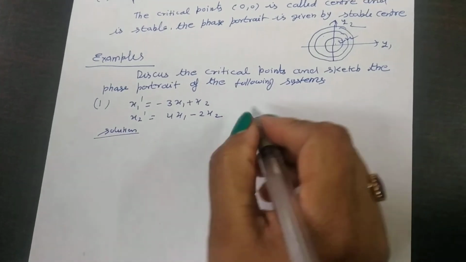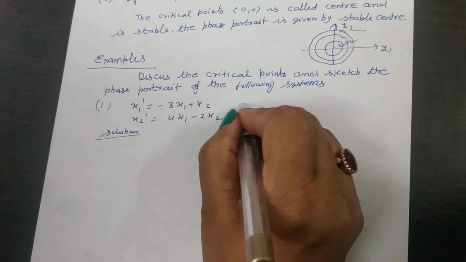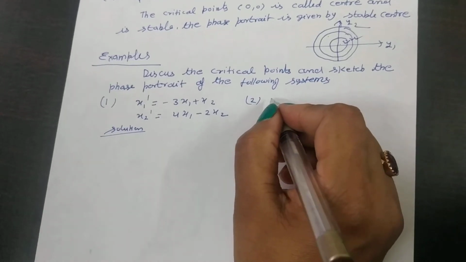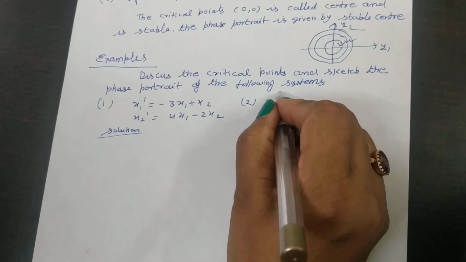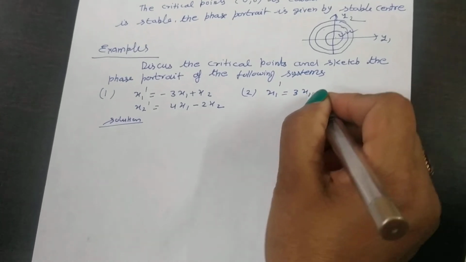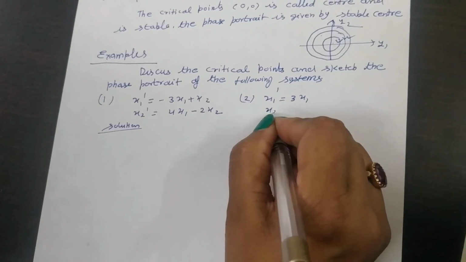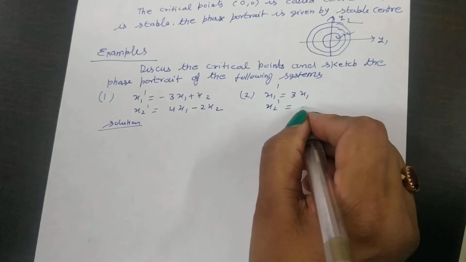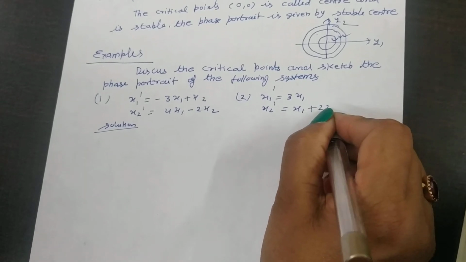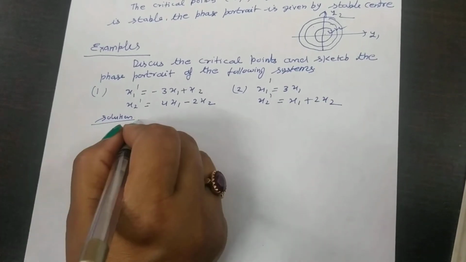The second problem is like that: x1 dash is equal to 3 x1 and x2 dash is equal to x1 plus 2 x2.